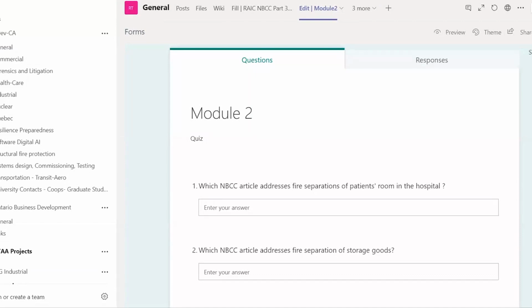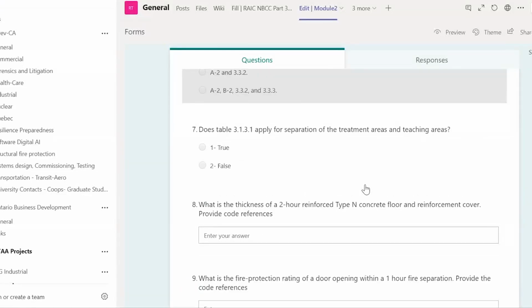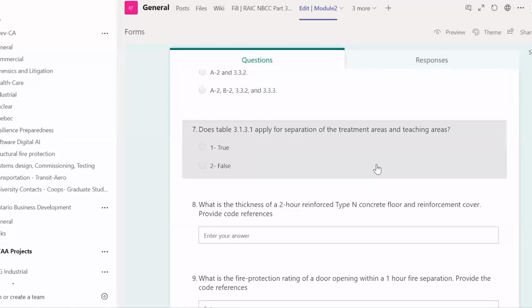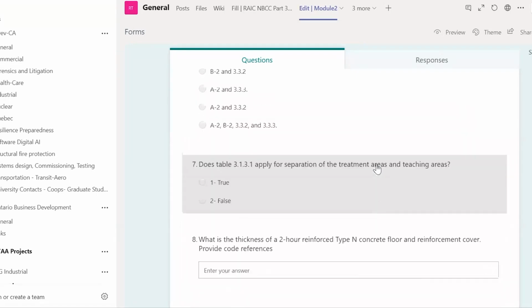Sorry, I'll try to be quick. It is in reference to question number 7, quiz from module 2. So does table 3.1.3.1 apply for separation of the treatment areas and teaching areas? I got this one wrong because I thought question number 7 refers to question 6 too, the question prior to it. Yeah, it is.